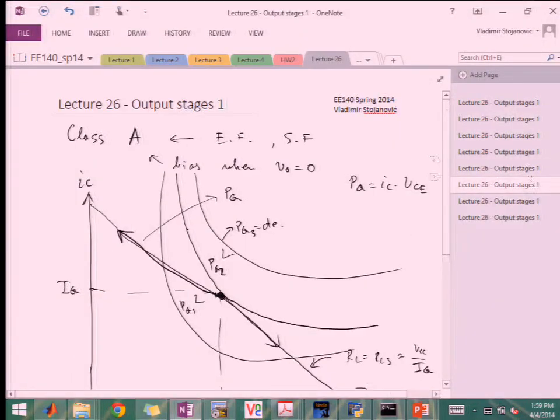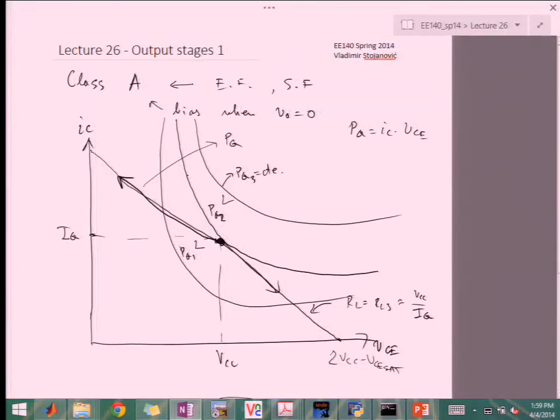Another kind of useful thing to notice here is that you're always going to touch with this power hyperbola, the load line is always going to be the tangent on the power dissipation hyperbola. And then it's going to happen in the middle of your operating range.